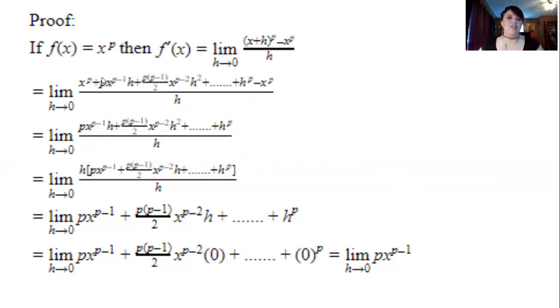When we expand this, we find that the limit as h approaches 0 of x to the power of p plus p times x to the power of p minus 1 multiplied by h plus p times p minus 1 over 2 times x to the p minus 2 times h to the power of 2, plus a whole bunch of other terms that have the variable h in it. We do not have to write it. You can if you want, but we don't really need to. We don't worry about all of that.